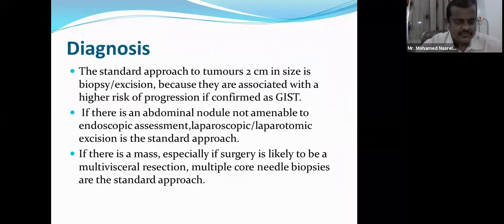How do we diagnose patients with gastrointestinal stromal tumors, especially gastric? The standard approach to tumors of 2 centimeters or more is biopsy and excision. We can talk here about incidental findings for those less than 2 centimeters. But if we encounter a tumor of more than 2 centimeters, it is better to take a biopsy or excise it, because it is associated with a higher risk of progression if confirmed as GIST.